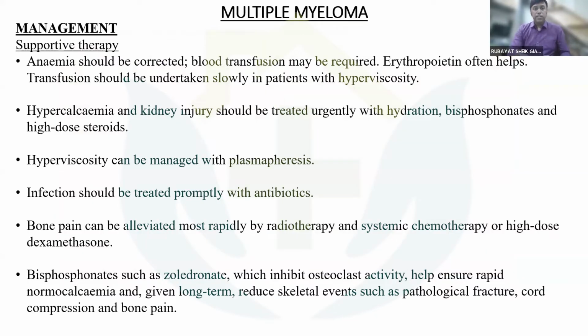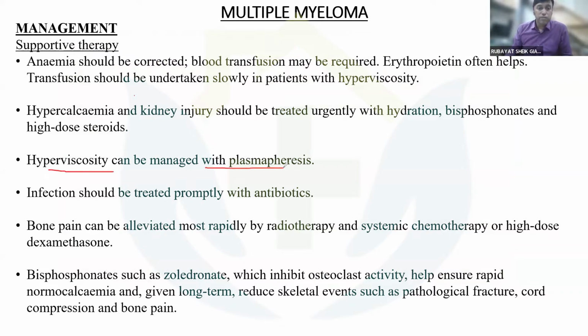So basic management of multiple myeloma, supportive, of course, you have to treat the anemia, the hypercalcemia, the hyperviscosity, you have to treat the infections, you have to relieve the bone pain. So supportive therapy has to be taken care of according to the complication or the symptoms present.